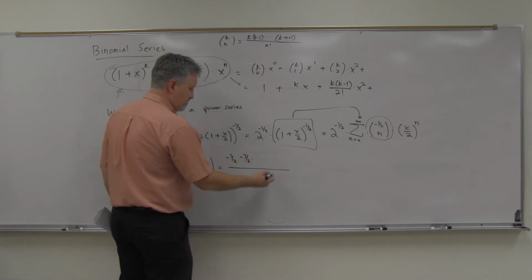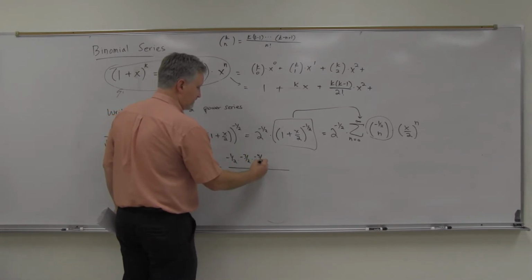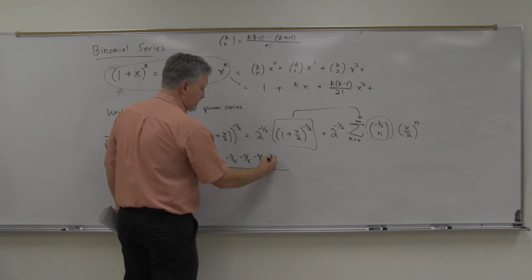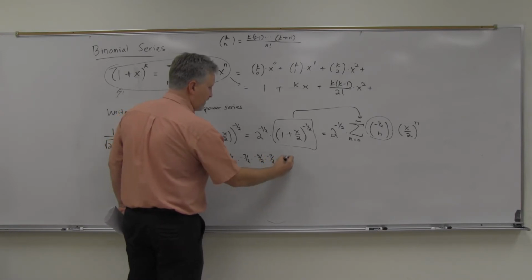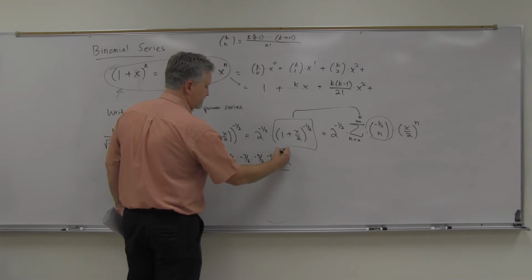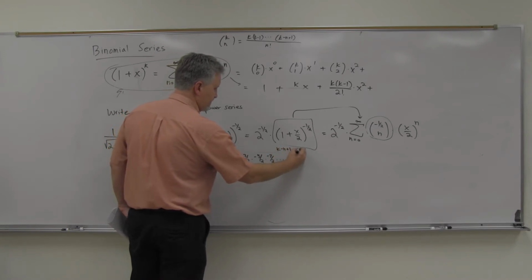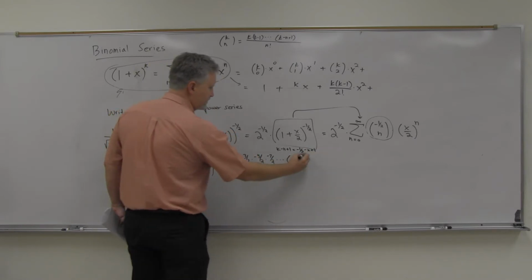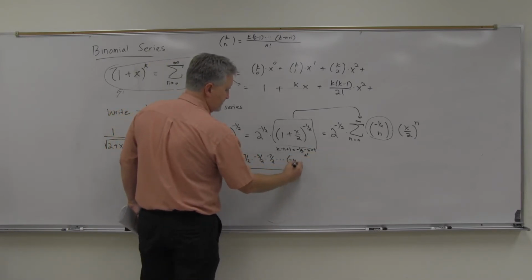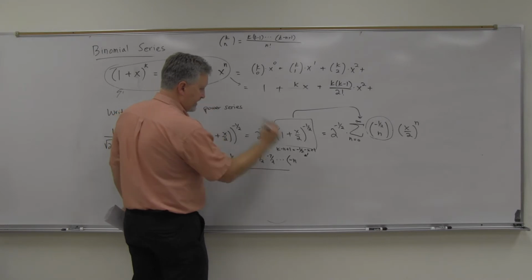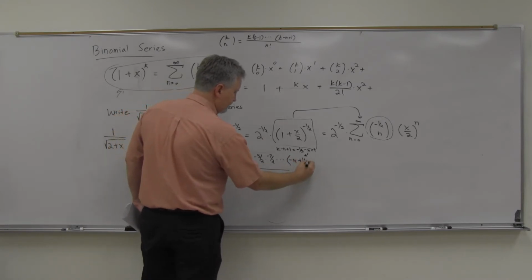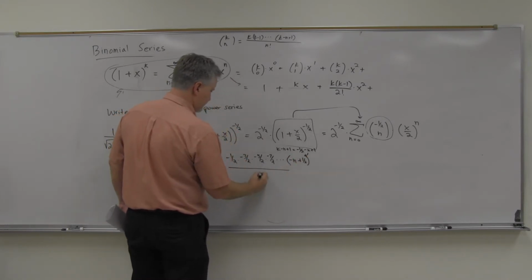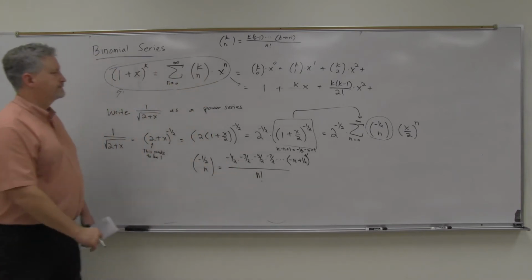Minus another 1, which would be minus another 2 over 2, would be minus 5/2. Minus another 2 over 2 would be minus 7/2, until we get all the way to k minus n plus 1, which in this case would be minus 1/2 minus n plus 1, which is minus n plus a half, over n factorial. That's what that means.